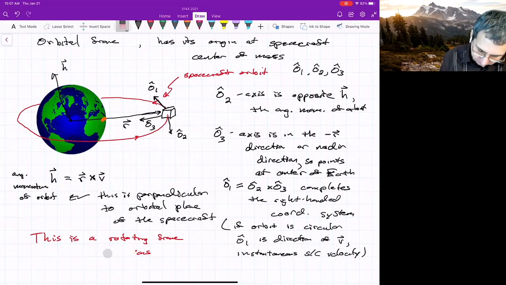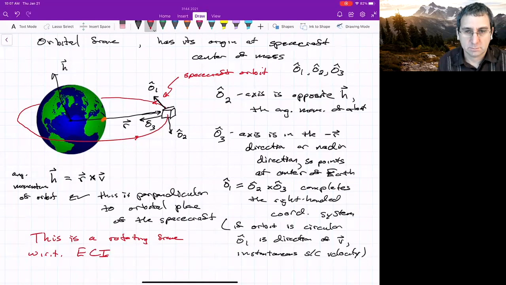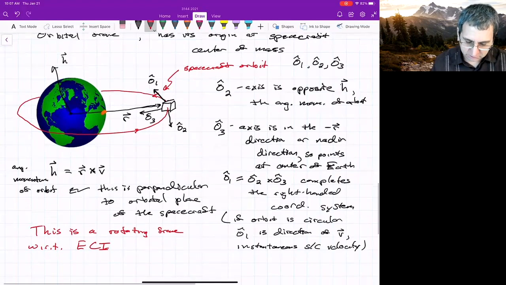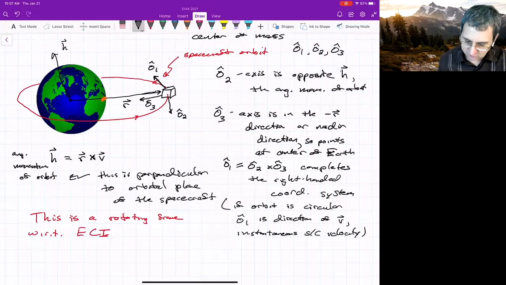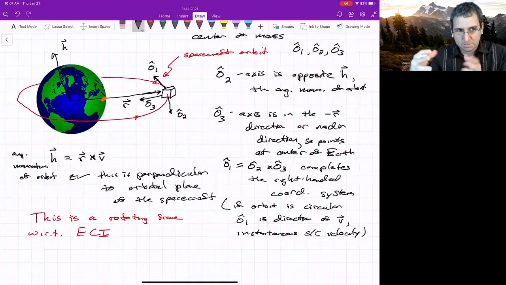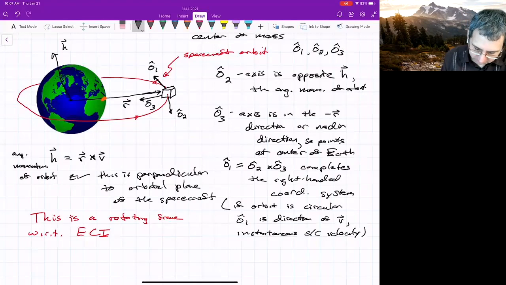So it's a rotating frame with respect to the Earth-centered inertial. And like we did for the Earth-centered Earth-fixed, the one attached to the ground, we could give an angular velocity for this.